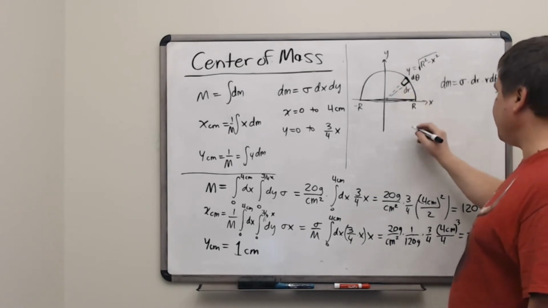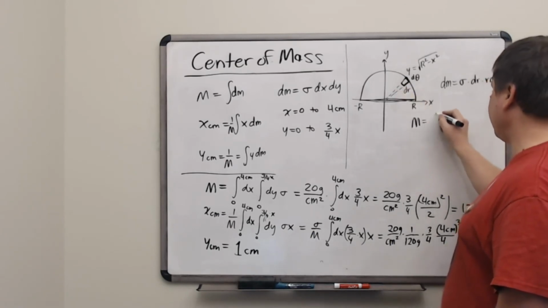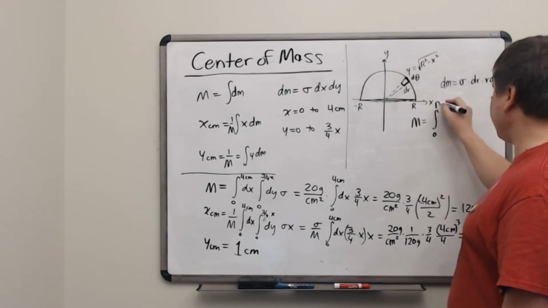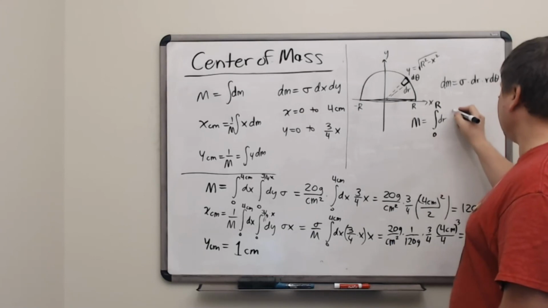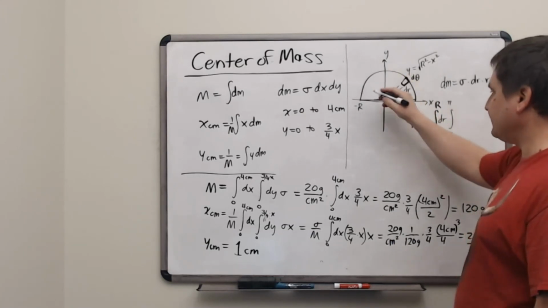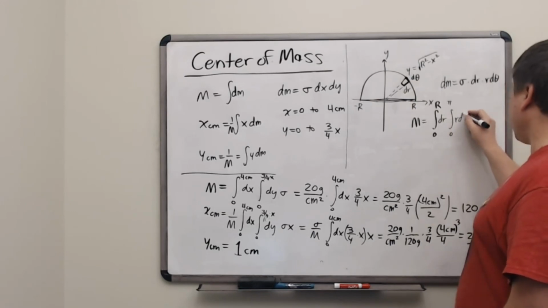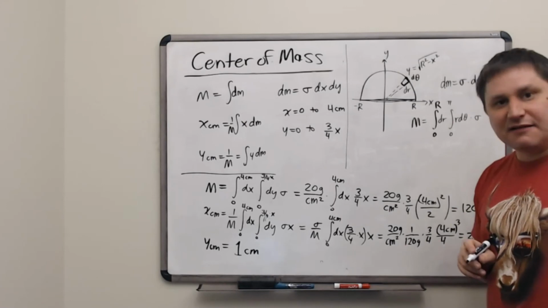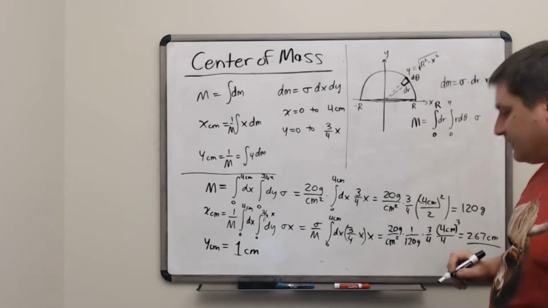Right, so for this mass integral, I might set it up like this. I'm going to integrate from 0 to capital R for dr, from 0 to pi, just because it's only a semicircle, for r d theta, and then my mass density sigma, whatever that is, would come in there.